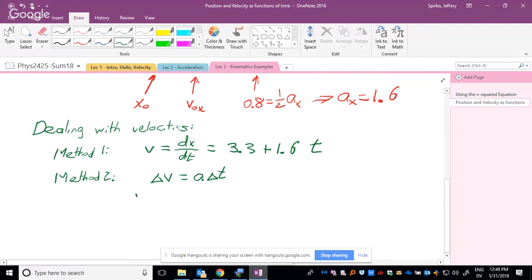And our delta v is the v at an arbitrary time, which we often represent as just a plain v by itself, minus the v at time t equals 0, represented by a v with a subscript 0. And this is a times t. So that gives us v is equal to v naught plus a t.